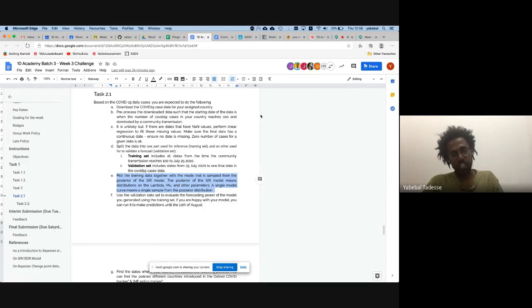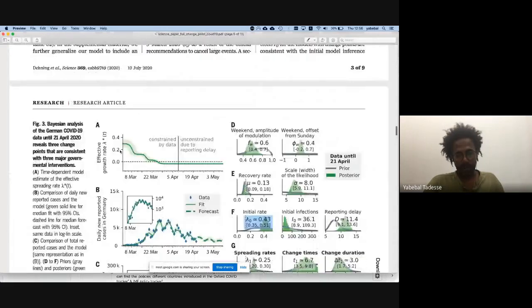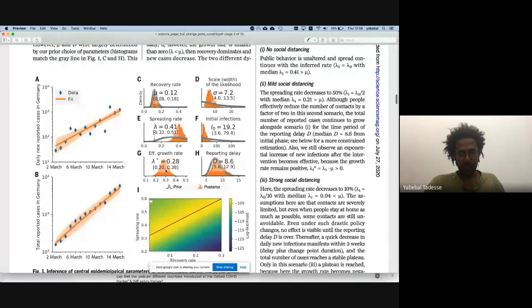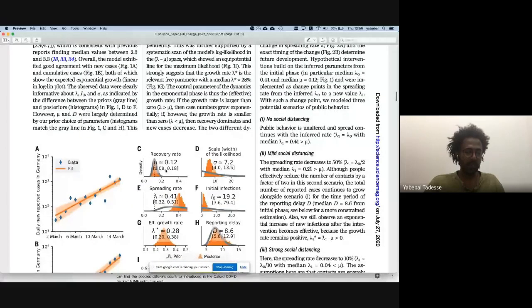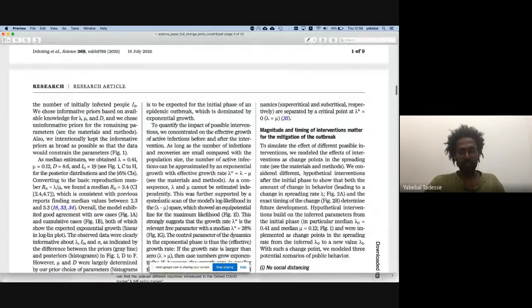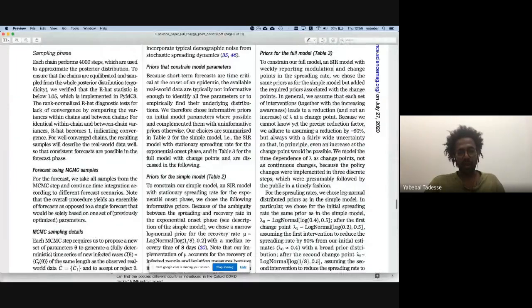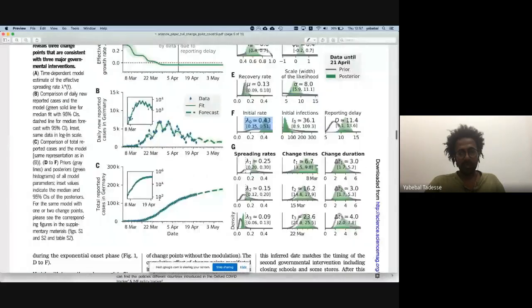The only difference is that if you don't introduce the change points, this lambda becomes flat. It's kind of flat around that. It could be a constant lambda. So it won't be like that.